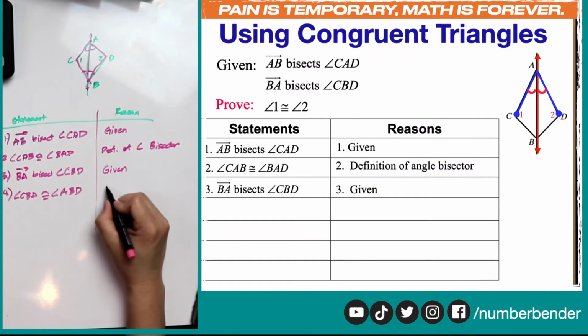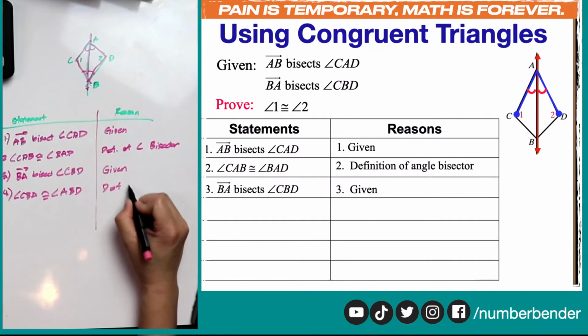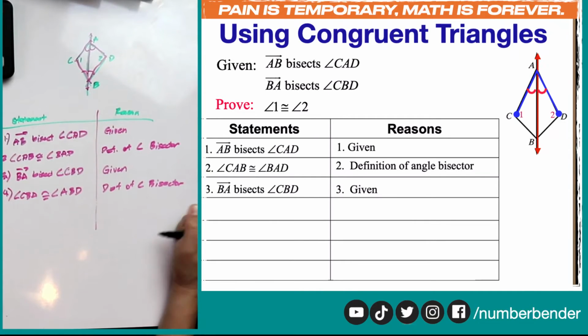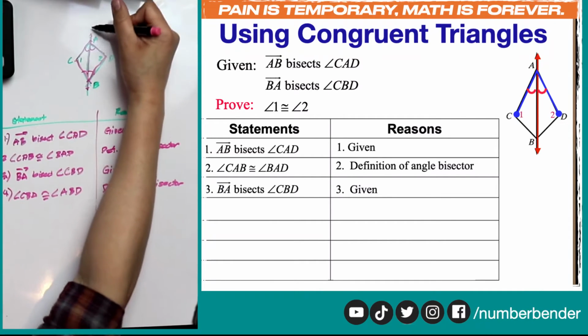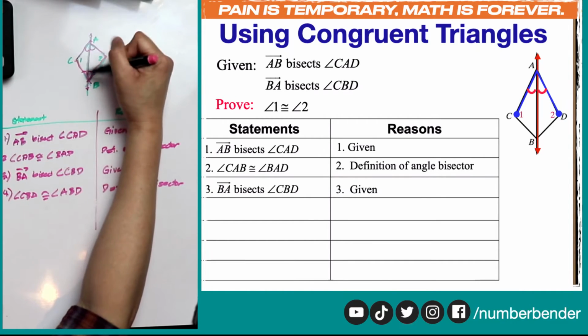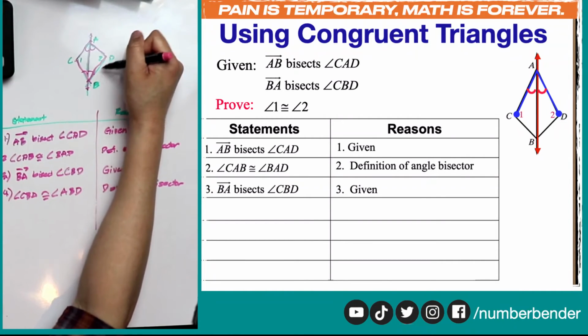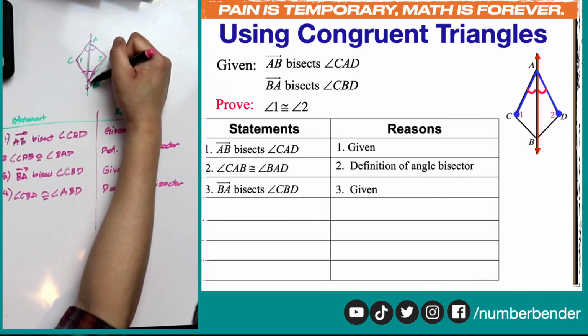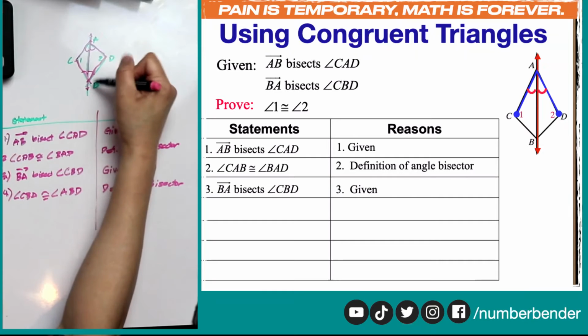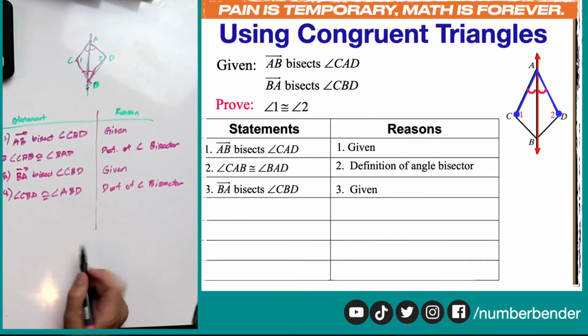We know that this is true because it is the definition of angle bisector, because this angle is being bisected by line segment AB: CBA and DBA, or ABD. It doesn't matter as long as our vertex is in the middle.